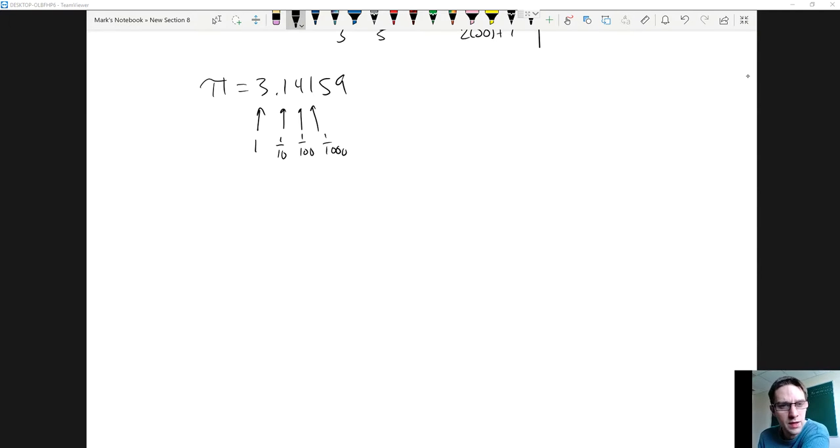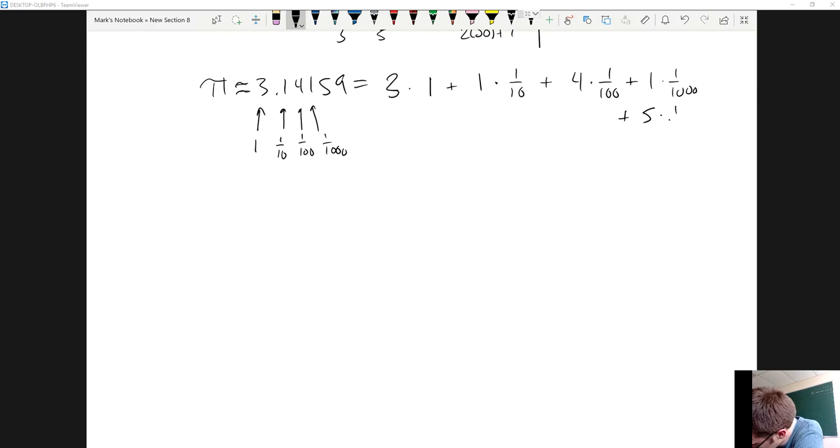And so this statement, pi is approximately equal to 3.14159, is actually saying that this is equal to 3 times 1 plus 1 times 1/10th plus 4 times 1/100th plus 1 times 1/1000th plus 5 times 1 over 10,000 plus 9 times 1 over 100,000. And this number goes on forever, and so this sum would go on forever.